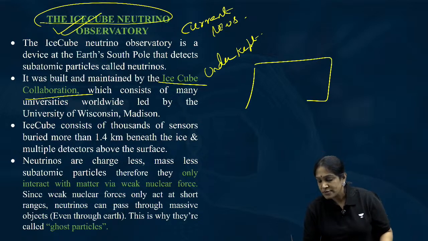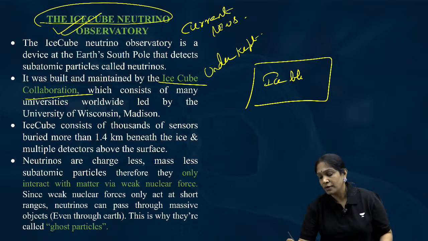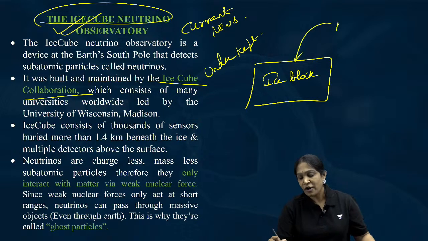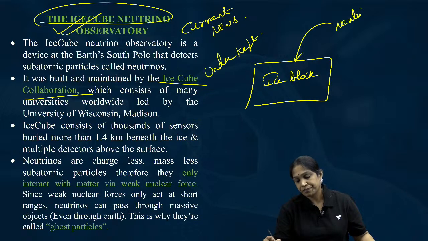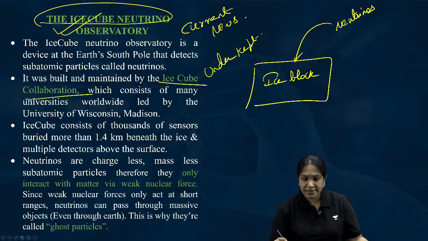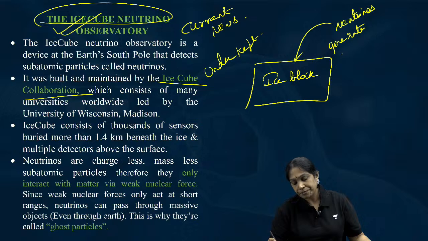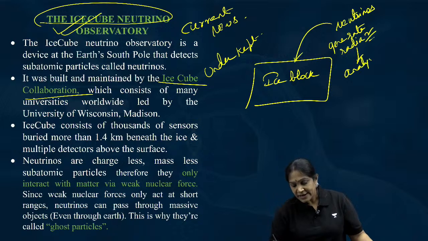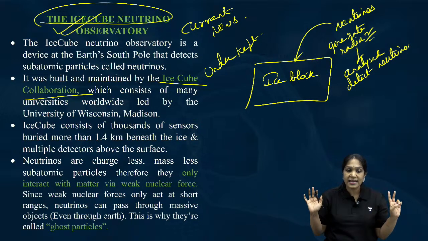Okay, let us suppose this is the ice block. Neutrinos fall on this, and they generate some radiations. These radiations are analyzed to detect the neutrinos. It means these radiations came means neutrinos arrived. Can I say like that?